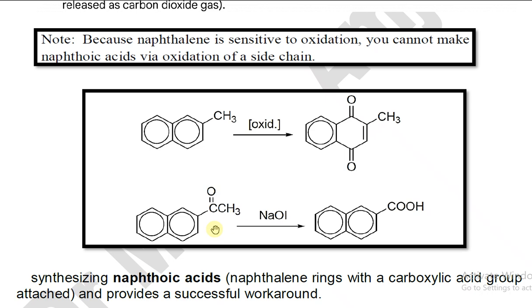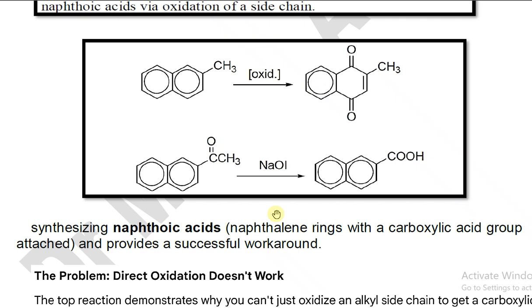Also, for this ketone compound, if you want a carboxylic acid group substituted on the naphthalene, you have to use this type of reaction from the acyl naphthalene, with the acyl group, this ketone group. This methyl ketone functional group can be oxidized to the COOH carboxylic acid by using NaOI, and this is the reagent used for this process.